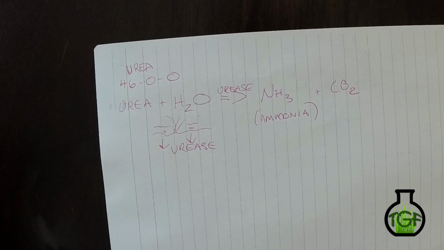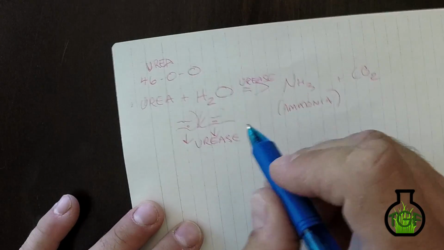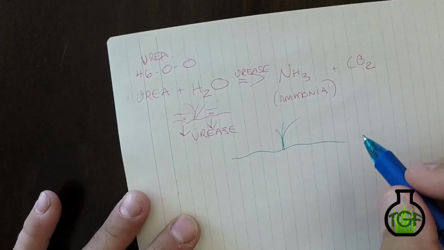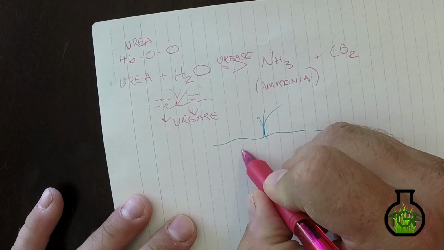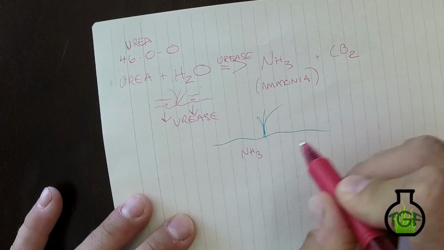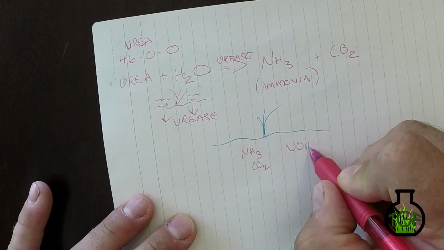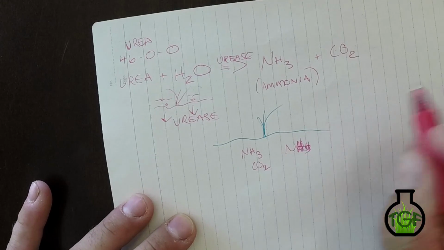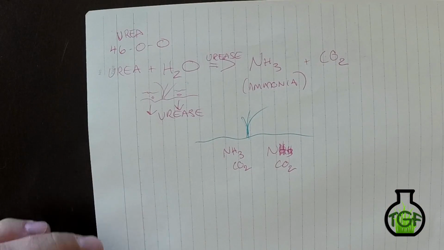That is going to lead to a little bit of potential loss. So we'll look at this. We've got our soil surface, we've got our grass, we've got our fertilizer that has just converted into NH3 and CO2. As we all know, plants love CO2. That's how they give us oxygen and photosynthesis. So we've got NH3 and CO2. But then NH3 is a gas.